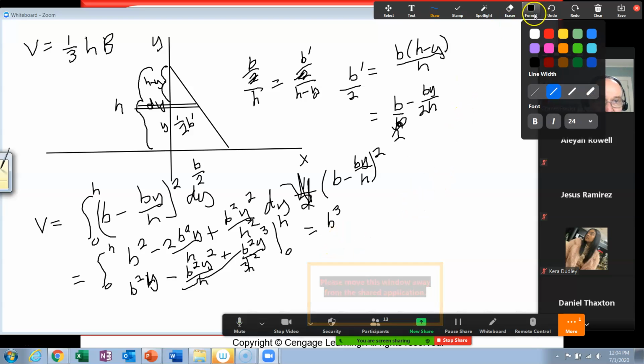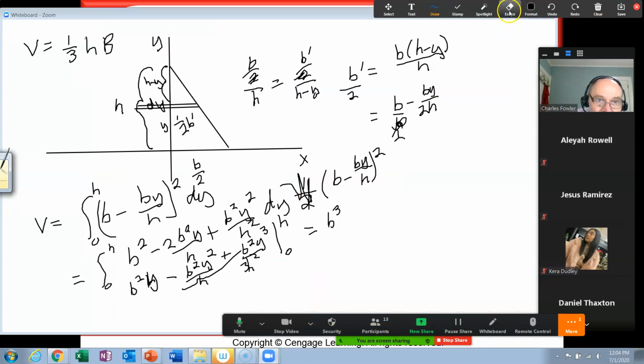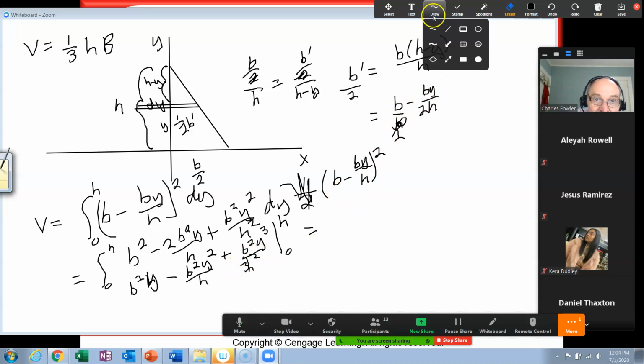Sorry. Let me go up here to my eraser, and let's start over here and get this line out of there. Okay, let's try that again. All right, I'm sorry. You put an h in for the y and you get b squared h.